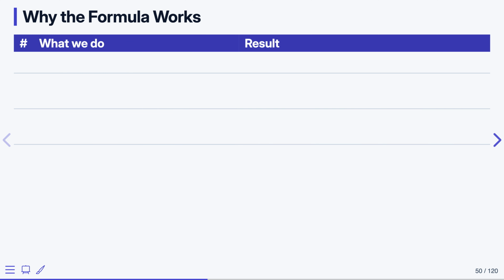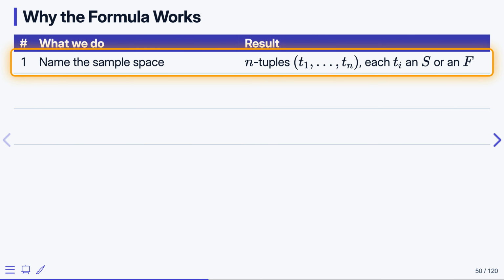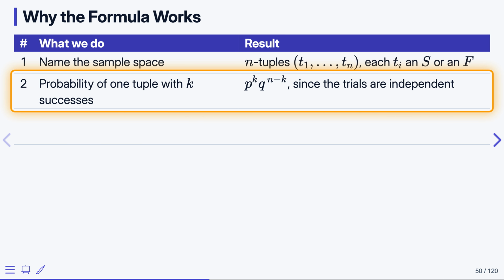This is the proof in 4 steps. Step 1. Name the sample space. An outcome of n trials is a list of n results, each one a success or a failure. Step 2. Take any list with k successes and n minus k failures. The trials are independent, so we multiply.